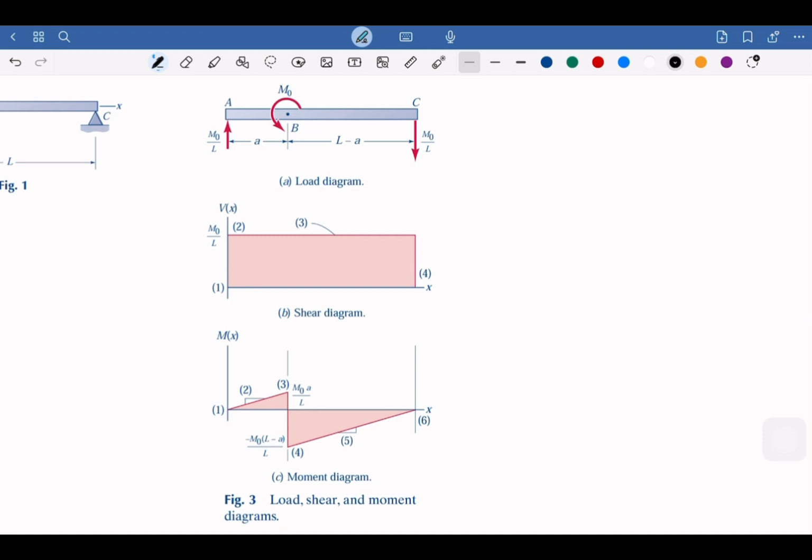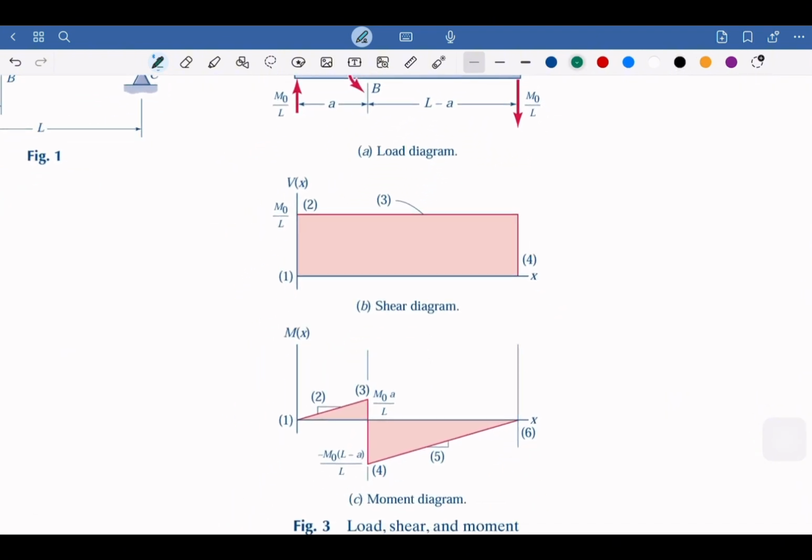Because there's nothing there for the external force, we have a stable constant V, which results in, because the moment is on the middle or end point B, a certain positive couple moment, and then it jumps down, and then linearly goes up. And again, you need to make sure that this is in alignment with the diagram.